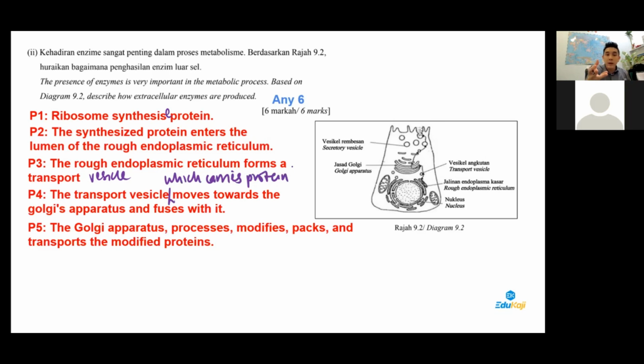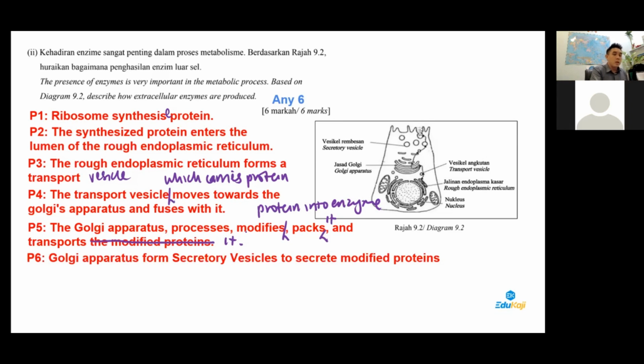Golgi modifies the protein into enzyme, packs it, and transports it.